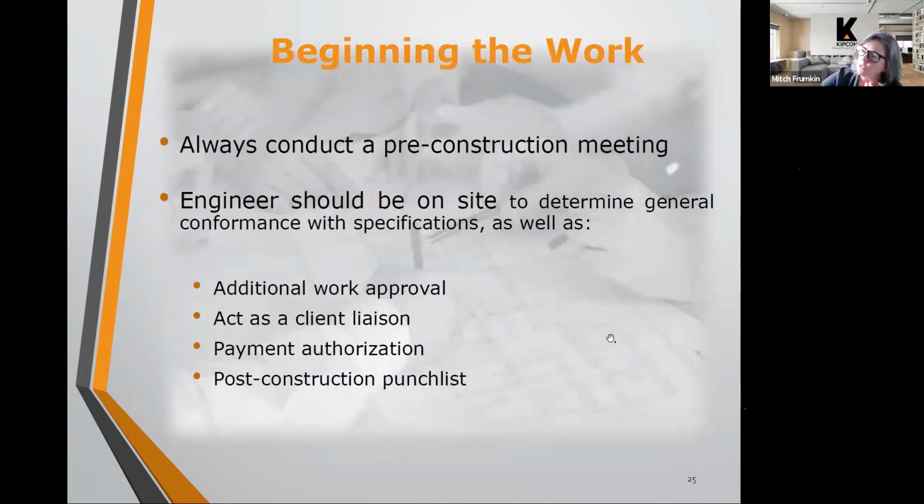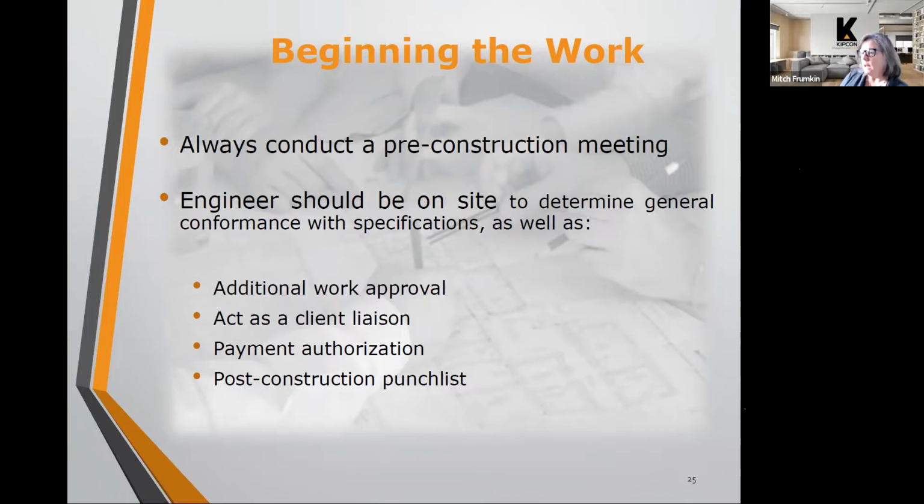Okay, so just real quick, and to wrap up, when we're in the contract administration phase, once you've selected your contractor, we always recommend that you start with a pre-construction meeting. Whether you have us out in the field full-time or you only want us there at key points during the construction project, the pre-construction meeting is key.